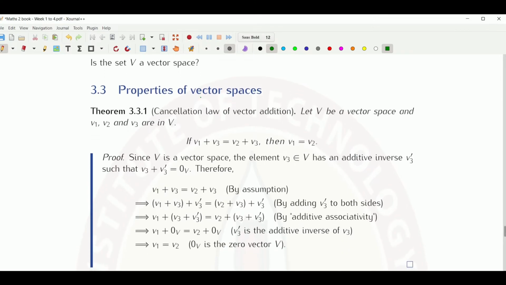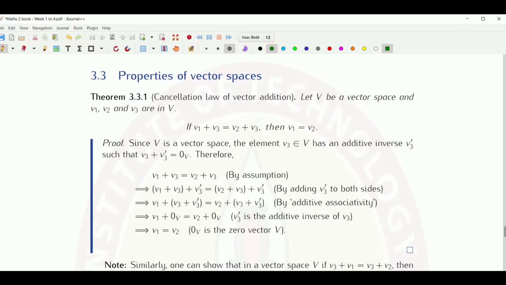Properties of vector spaces. Theorem: cancellation law of vector addition. Let V be a vector space and v1, v2 and v3 are in V. If v1 plus v3 is equal to v2 plus v3, then v1 is equal to v2. Proof: since V is a vector space, the element v3 belonging to V has an additive inverse v3 prime such that v3 plus v3 prime is equal to the zero vector.